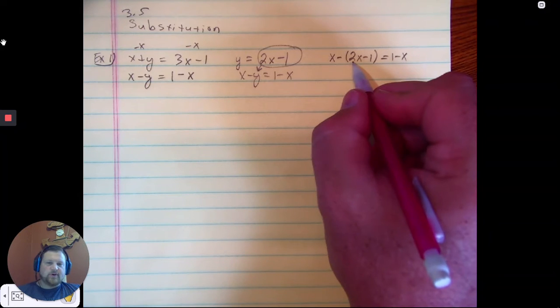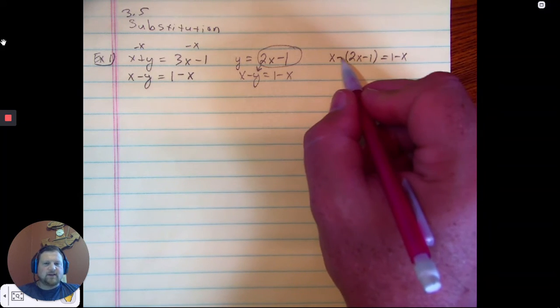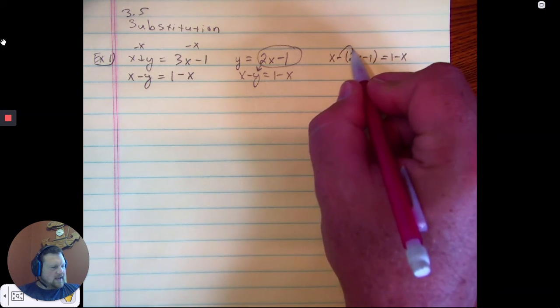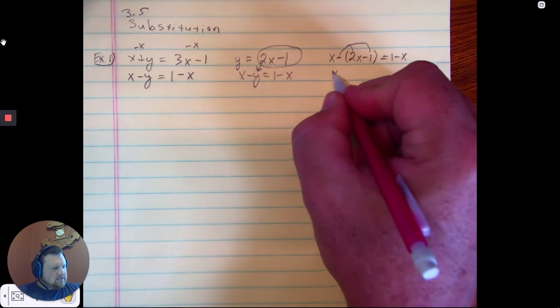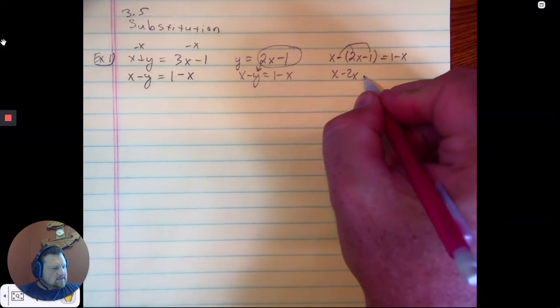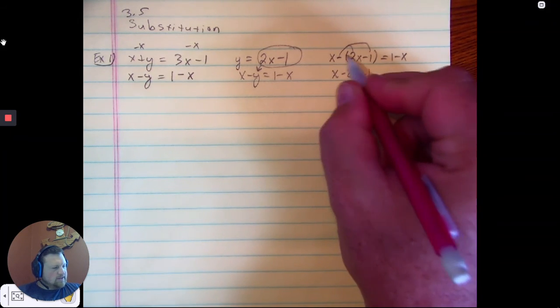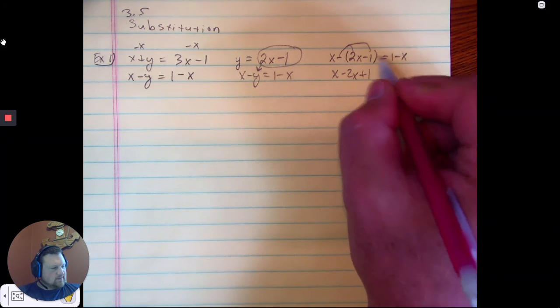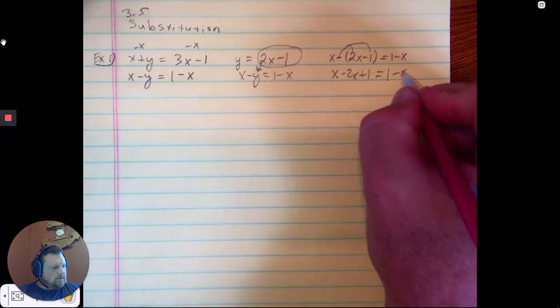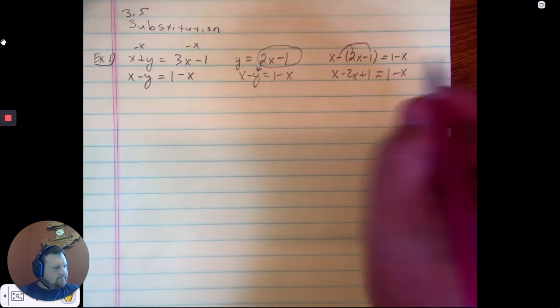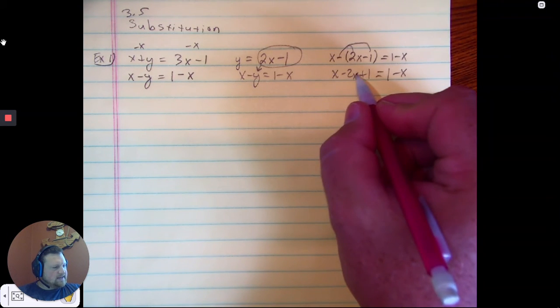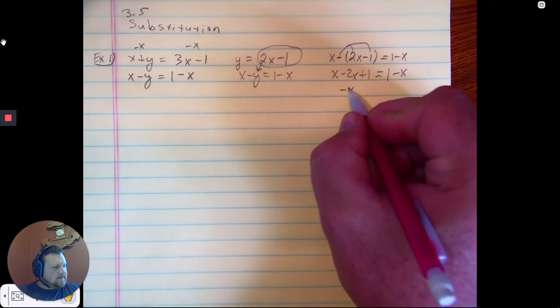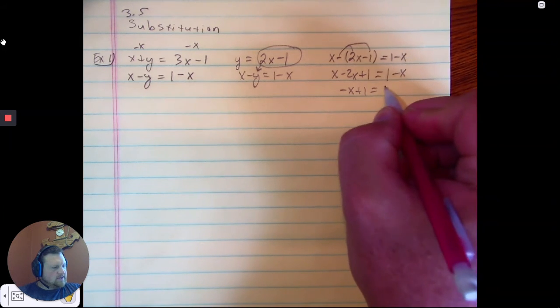It's super important to remember that it's minus that whole quantity, which means we have to distribute that negative to both parts. So this is x minus 2x plus 1, because minus a negative is plus a positive, equals 1 minus x. I can then combine x minus 2x to be negative x plus 1 equals 1 minus x.